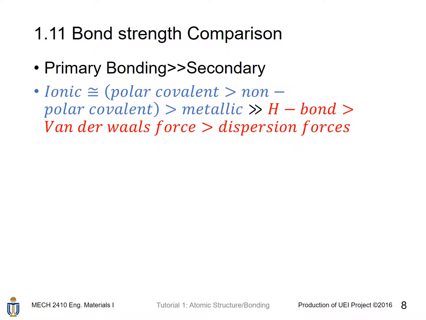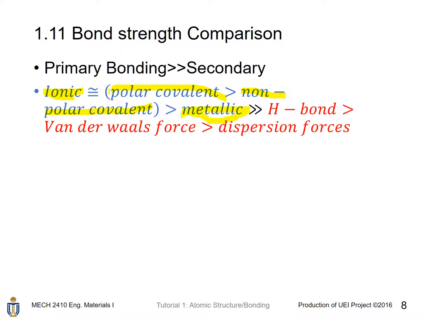In terms of bond strength, primary bonding is much larger than secondary, and you can consider it this way. Ionic bonds have nearly the same bond strength as covalent bonds, but within covalent bonds, polar covalent is higher than non-polar covalent. Ionic and covalent bonds have a higher strength than metallic.